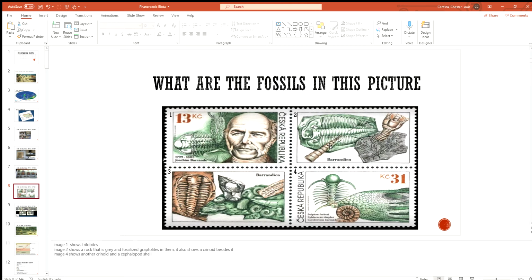I forgot what this is, I think this is also a crinoid. These two look pretty similar, but this is different. This is definitely a crinoid. This one I'm going to have to double check. Guys, double check your labs. If you have a lab, look at the fossils on the lab, it will help. This is another trilobite. This is a cephalopod, a trilobite, and a crinoid.